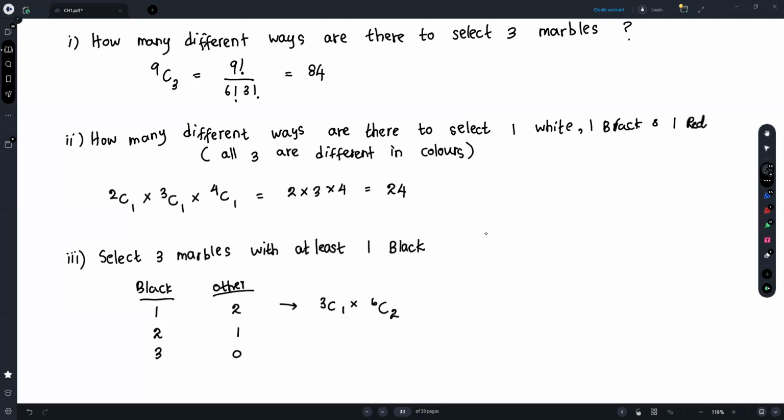You don't care whether red or white, just out of six, right? Six, selecting two. And if you have to select two blue marbles, you have to select one out of the other six. And the last one, you have to choose three blue marbles. There's nothing from the rest, right?